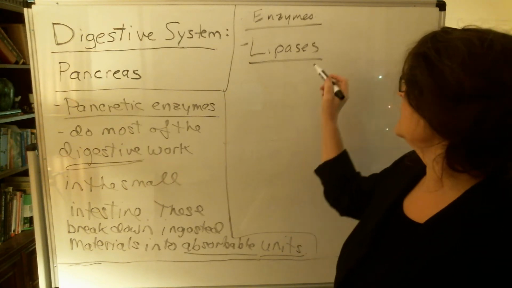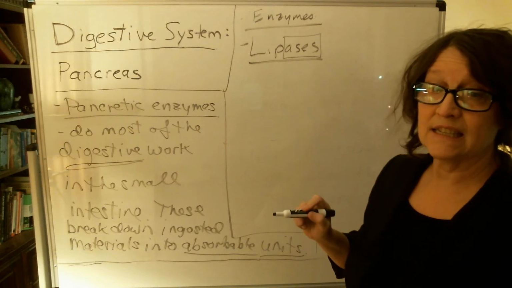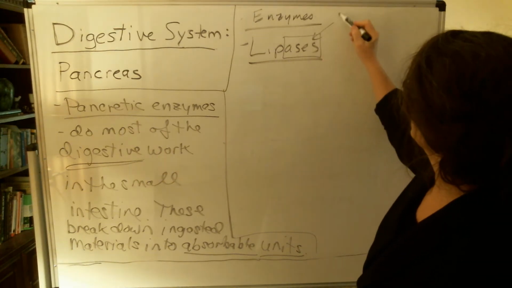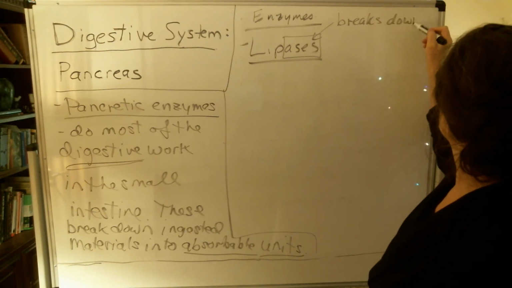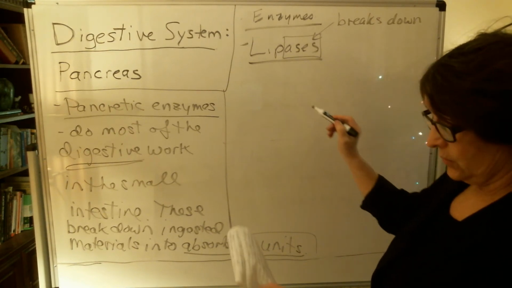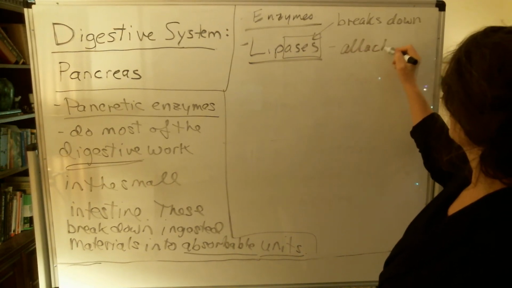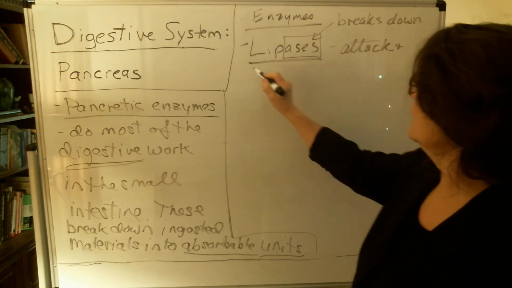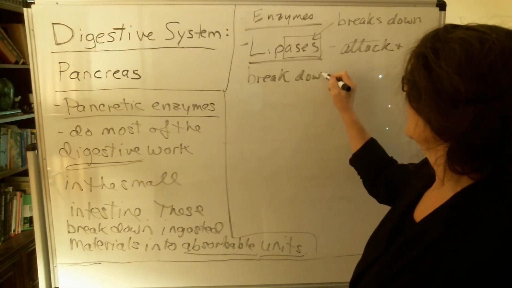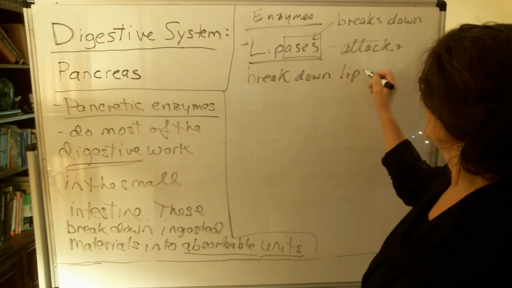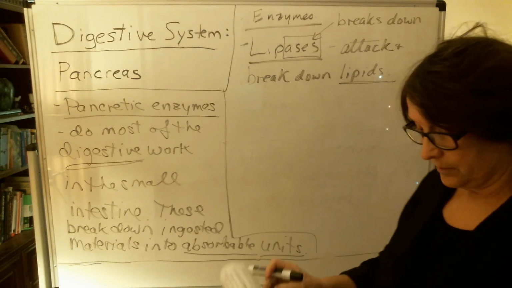Okay, now when you see the suffix ase, that basically means breaks down. So lipases, no surprise here, attack and break down lipids. Remember, lipids are your fats and oils.